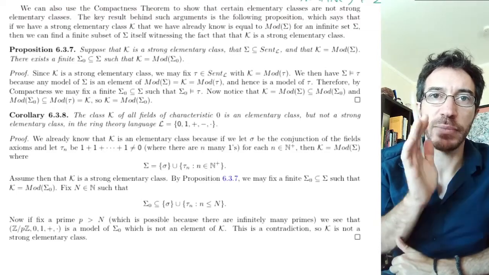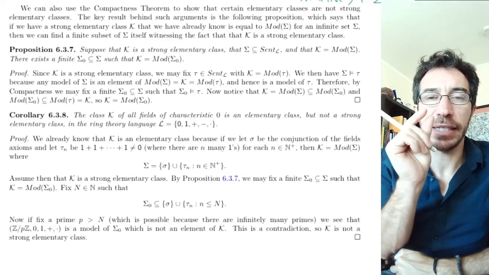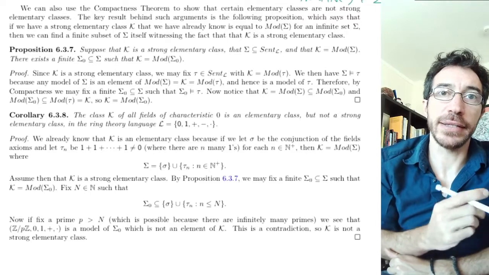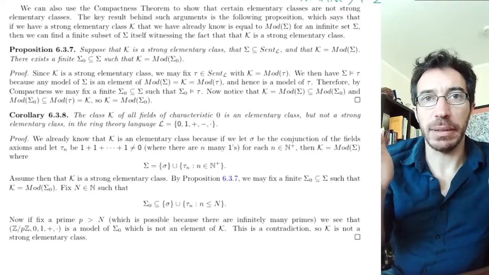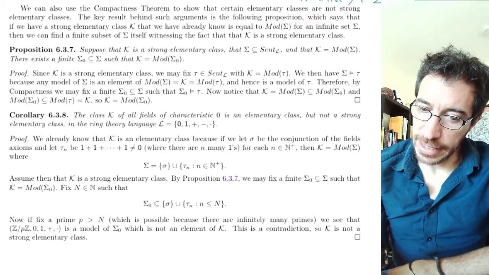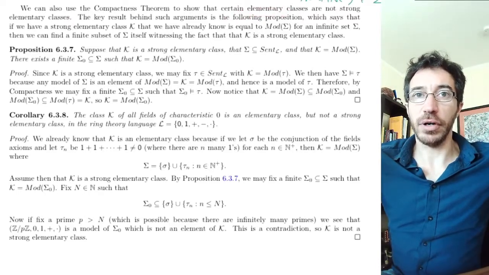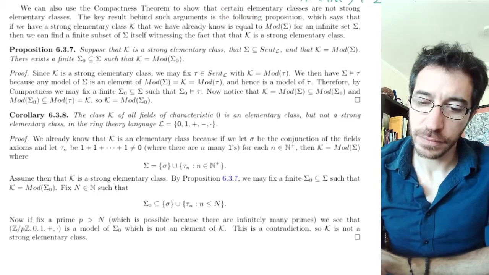Strong elementary classes means that they are the set of models of some finite set of sentences, or equivalently, the set of models of a single sentence, because you can put ands between them and get a single sentence. So this is saying a certain something that we know is elementary, a class of models of some set of sentences, but not of a finite set of sentences.